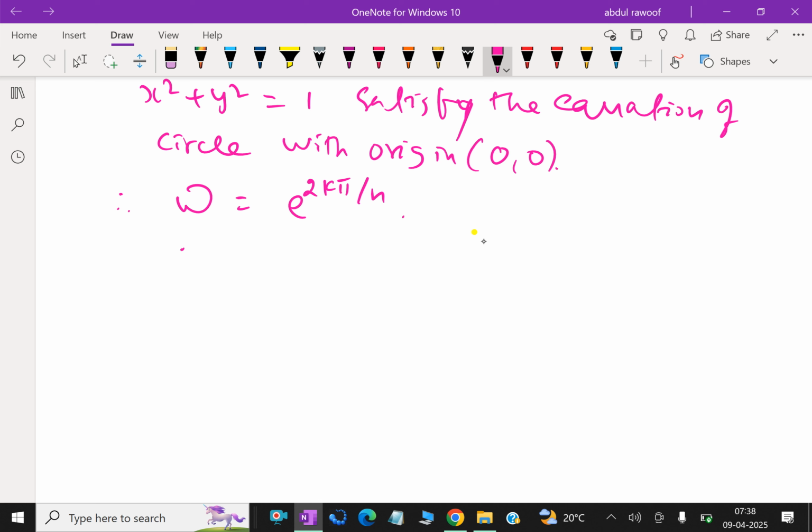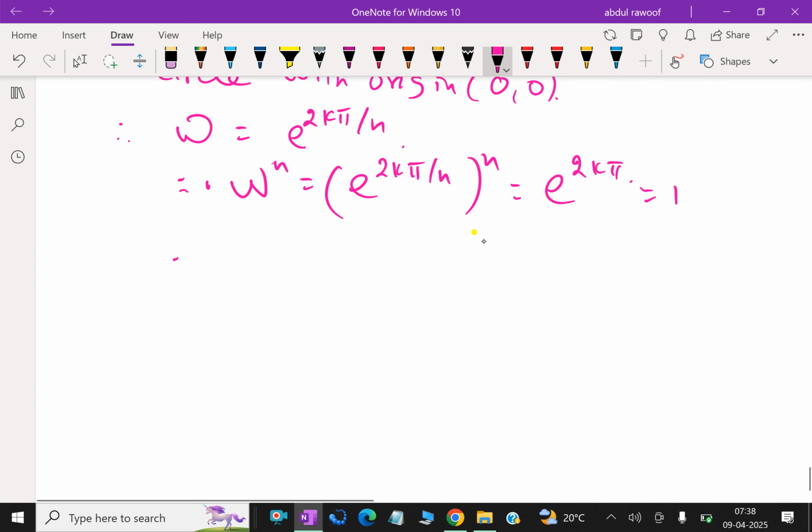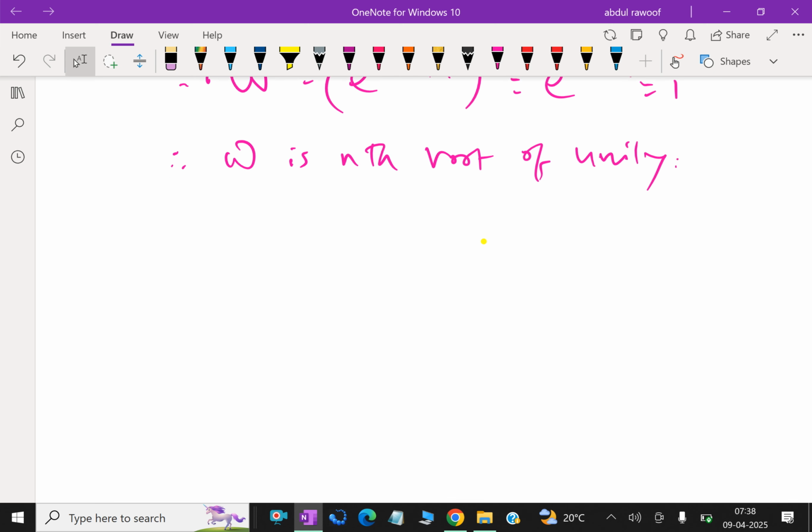Then omega to the power n, using Euler's identity, is (e^(2kπi/n))^n, which is e^(2kπi), which is equal to 1. Therefore omega is the nth root of unity.